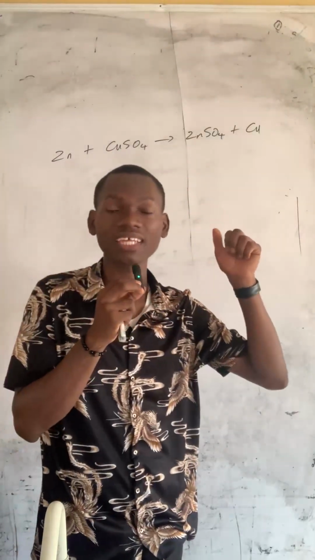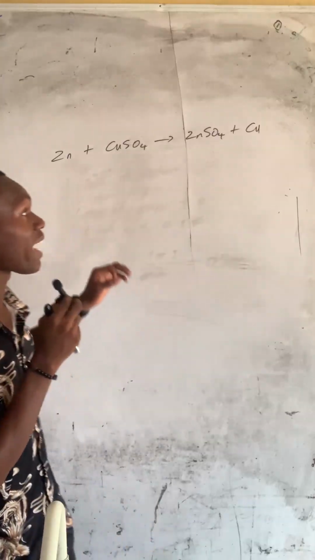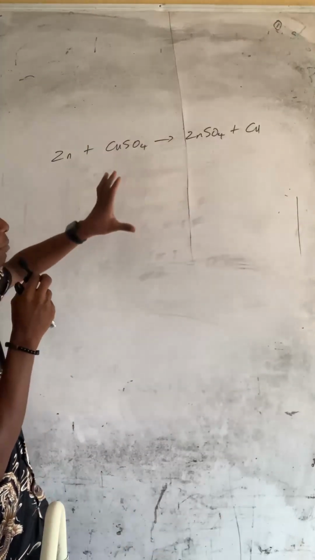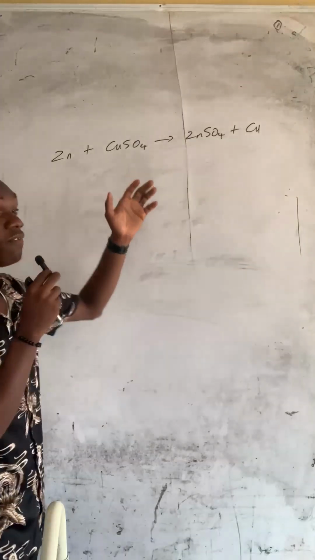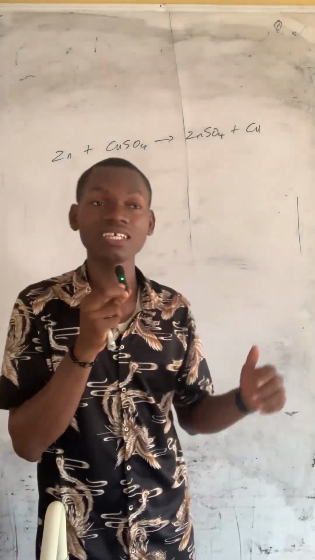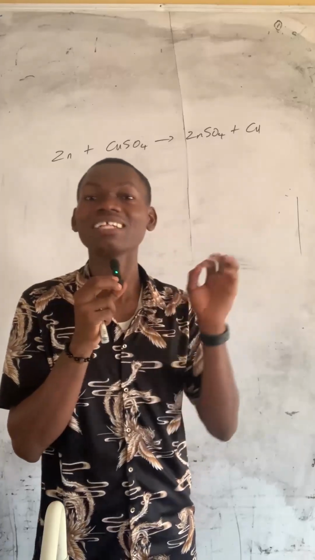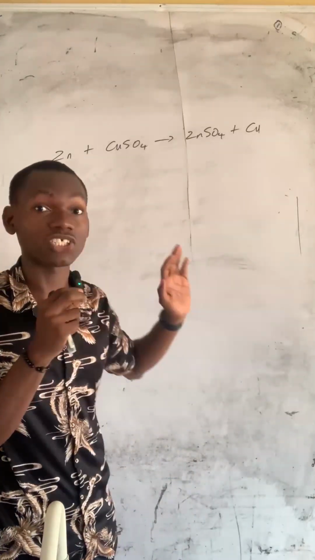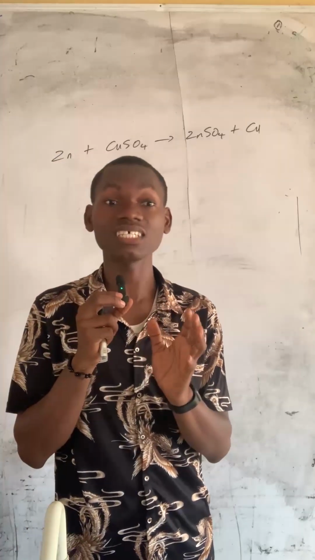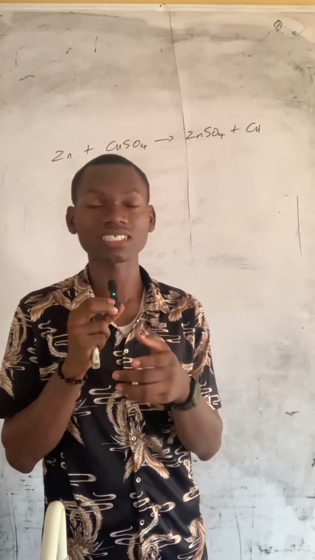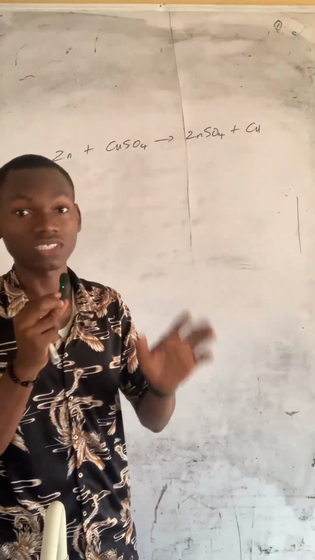We also can't directly define this in terms of electron transfer because the charges are not visible here. But we can define this in terms of oxidation number, which is the best way of analyzing a redox half equation.